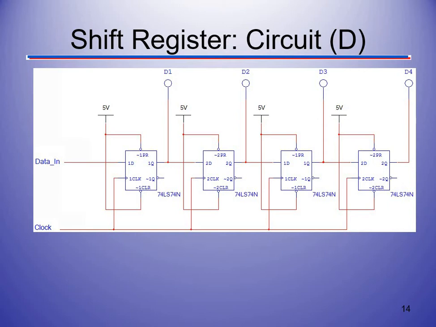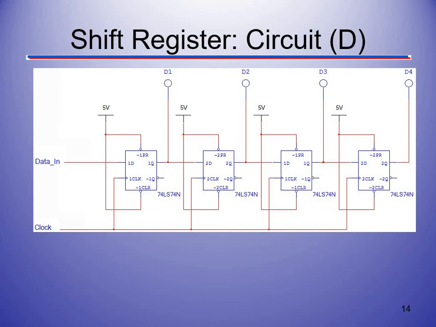We send in whatever data we want, and then the output Q of our first flip-flop is the input for our next flip-flop. That second flip-flop's output Q is the input for the third flip-flop, and the Q that comes out of the third flip-flop is the input for the fourth flip-flop. That's how we're doing our data shift.